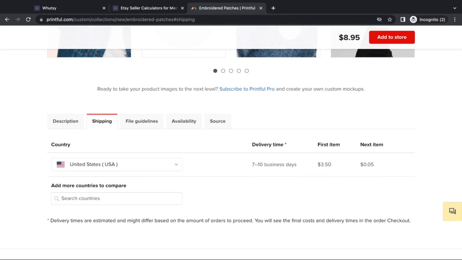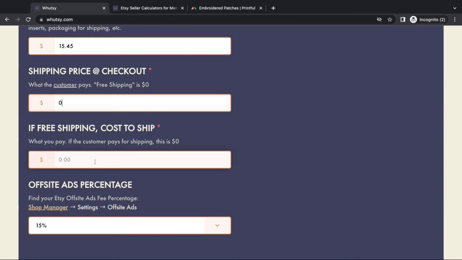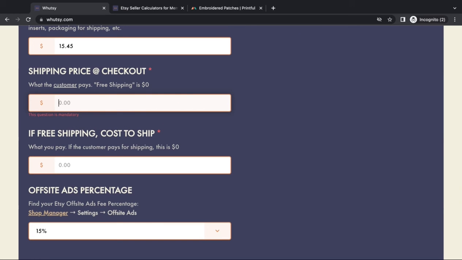So if you're starting out, I recommend just going with the United States at first. You can always add more countries down the road. So to ship one patch is $3.50. So we are going to enter that in if that's what the customer pays at checkout.